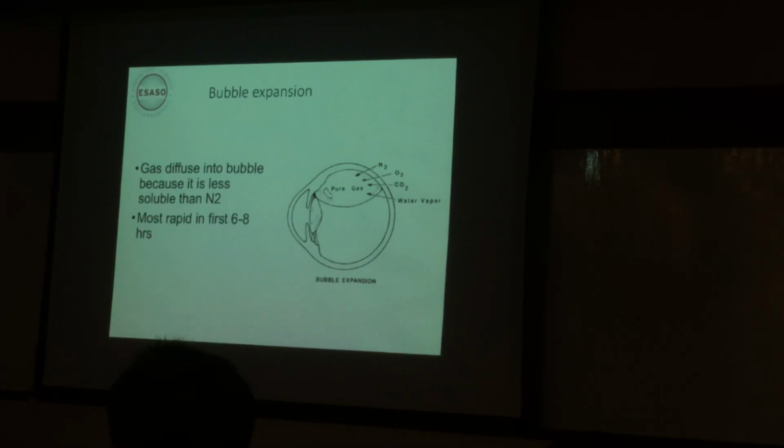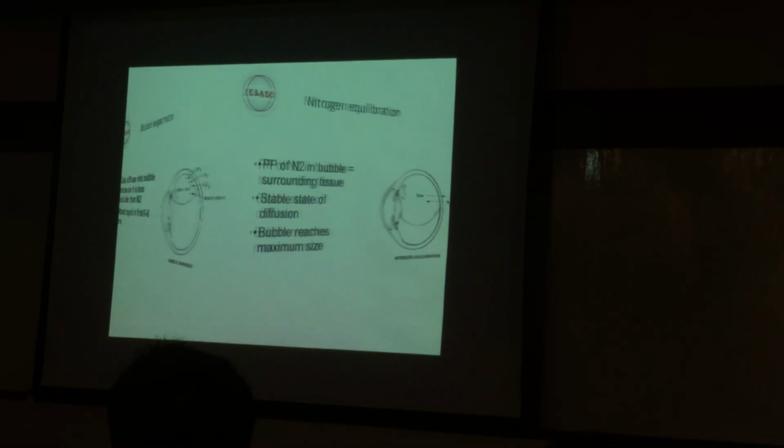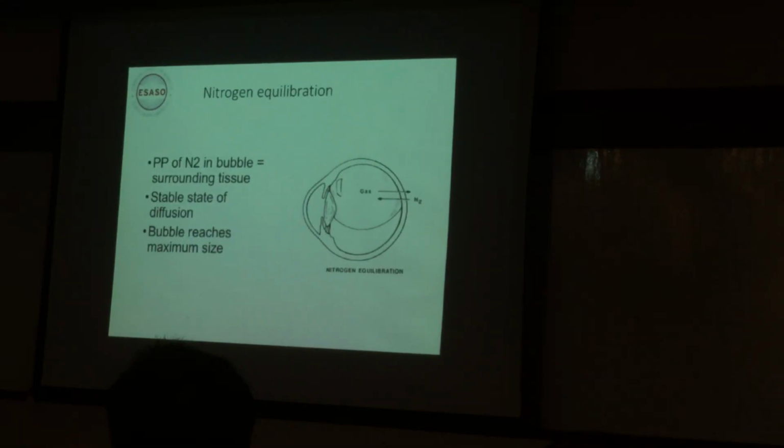So when nitrogen, oxygen, and other gases diffuse into the bubble. All right. So it reaches an equilibrium when the partial pressure of the nitrogen is equal to the surrounding tissue. Then you get a stable state of diffusion, and the bubble reaches its maximum size. So depending on the type of gas, it will take either 1 day or 2 days or 3 days, something.